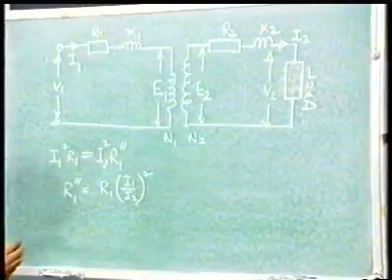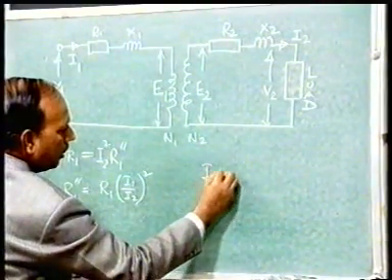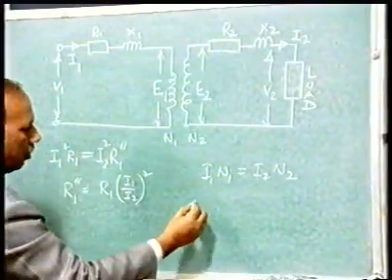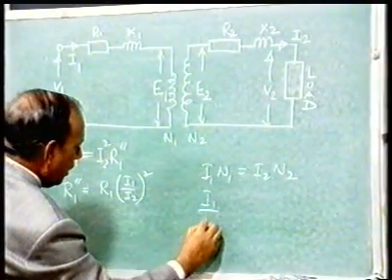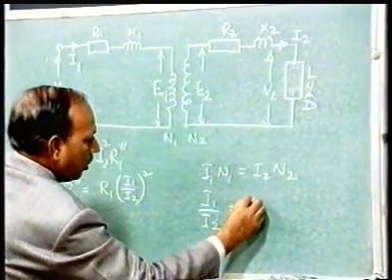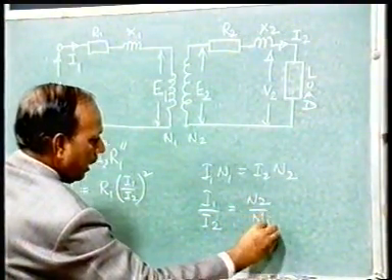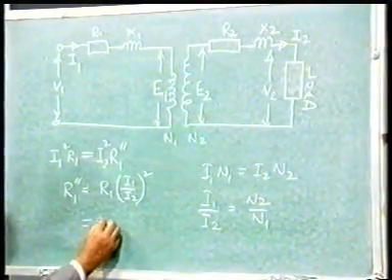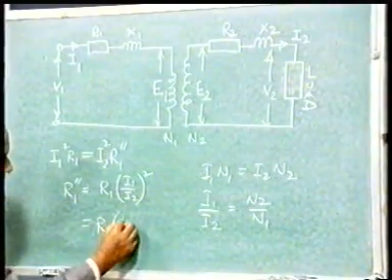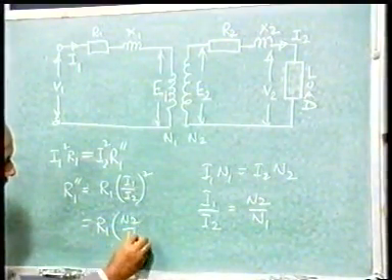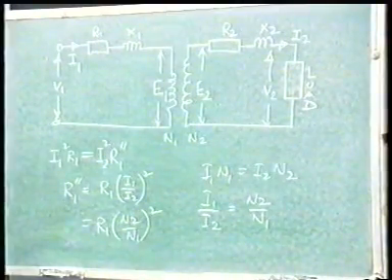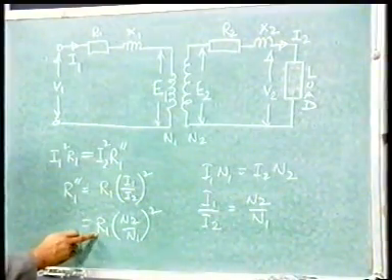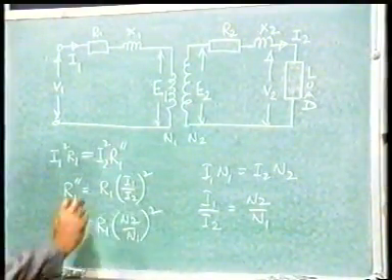And as you know, I1 into N1 is equal to I2 into N2, so I1 by I2 is equal to N2 by N1. So by substituting you get R1 into N2 by N1 whole square. Thus R1 double dash is equal to R1 into N2 by N1 whole square.